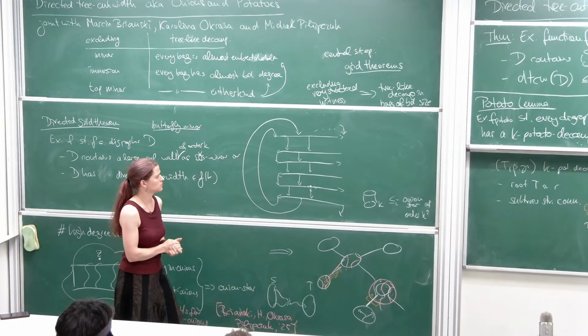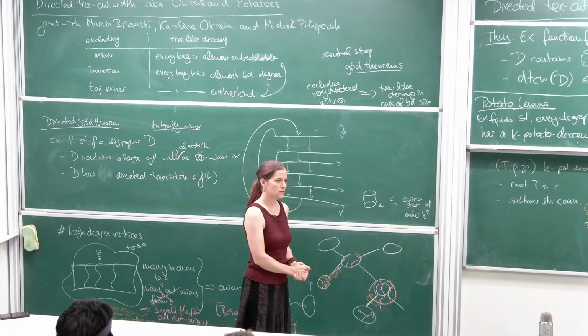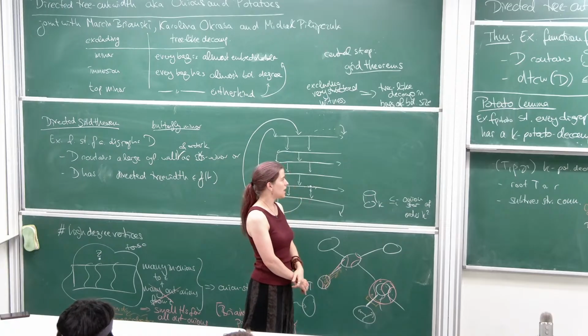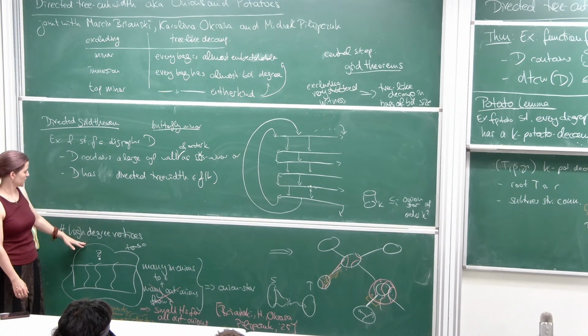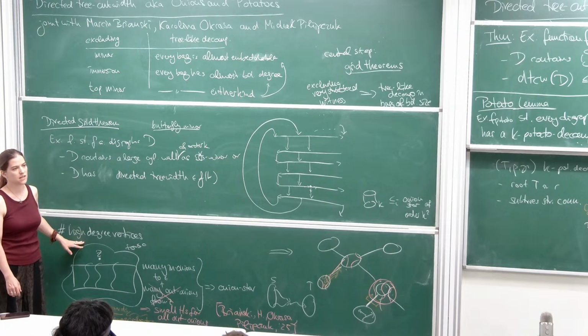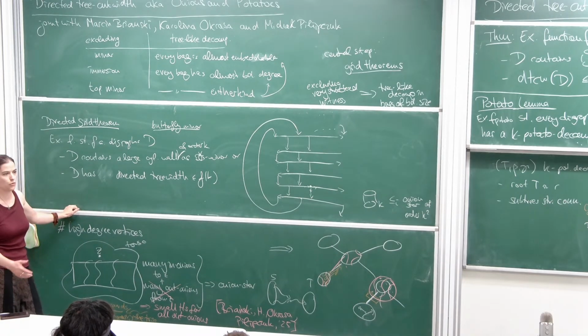But in the proof, every step seems to say there's no large onion star, except for when we use the bounded degree case, the directed tree width. In that case, we do not exclude the onion star, we actually exclude the wall.